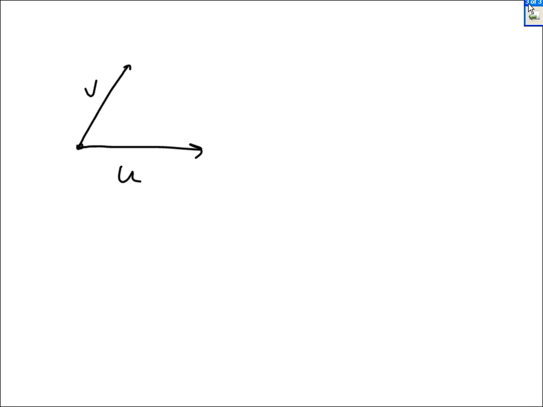Those are two adjacent sides. The other two sides will be these two sides. And you get a parallelogram. The instructions ask to find the area of this parallelogram.